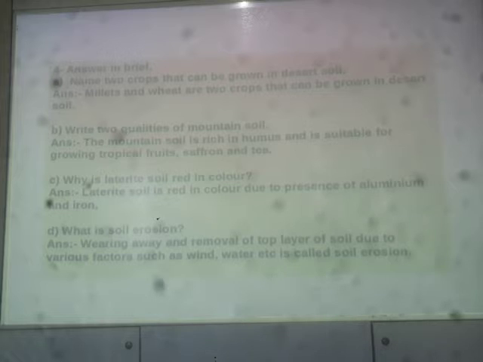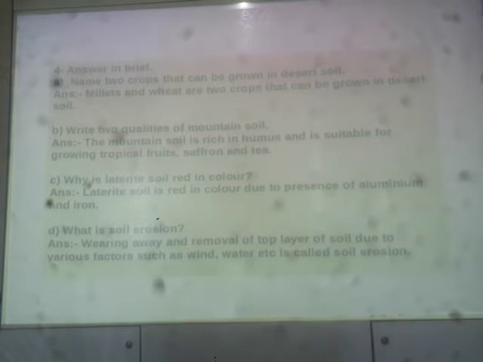Tropical fruits? Yes, juicy fruits, sour fruits basically, that are grown in tropical regions where there is a hot, humid and wet climate. Moreover, saffron and tea are also grown in mountain soil. Okay.